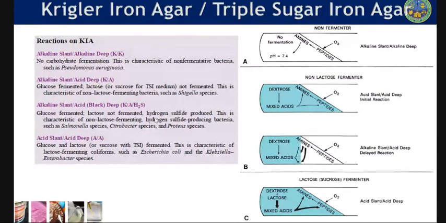So when you have glucose fermentation, the color changes from red to yellow. But here there's a characteristic of a non-lactose fermenting bacteria, wherein you have no utilization of either lactose or sucrose. These are typical of the genera Salmonella, Citrobacter, and Proteus.